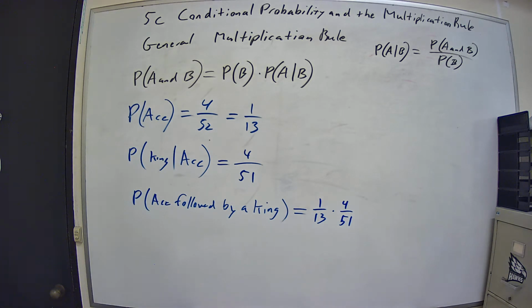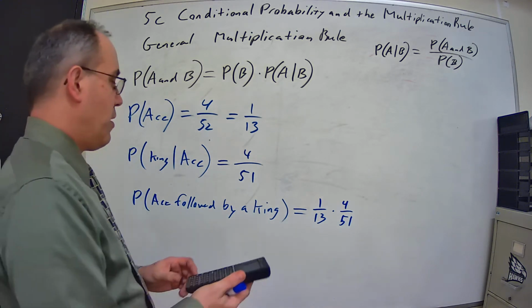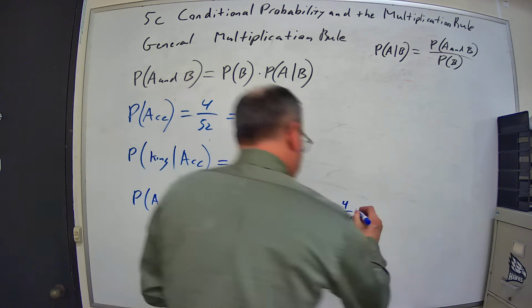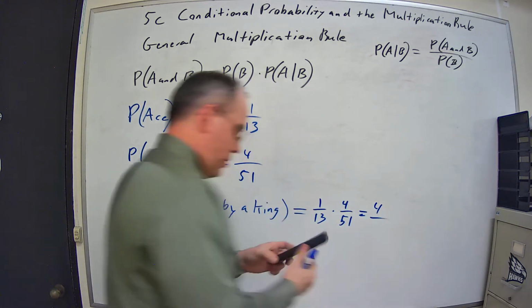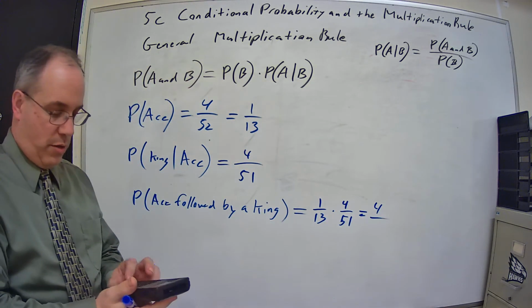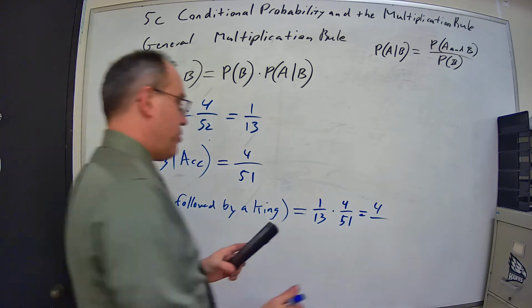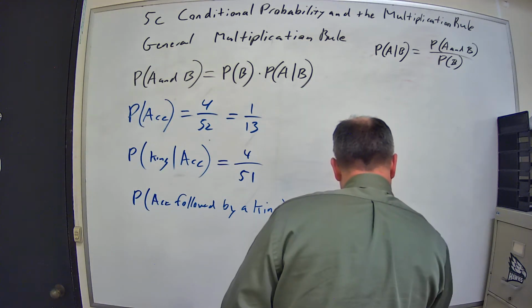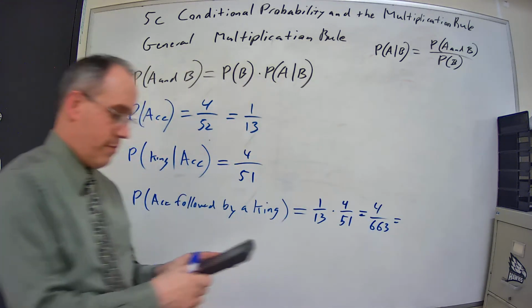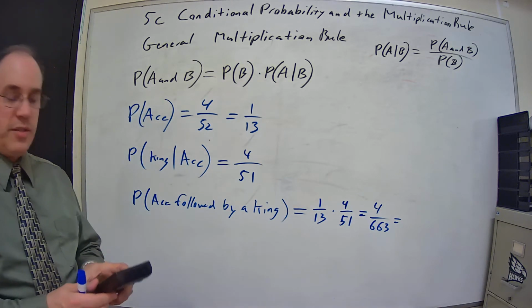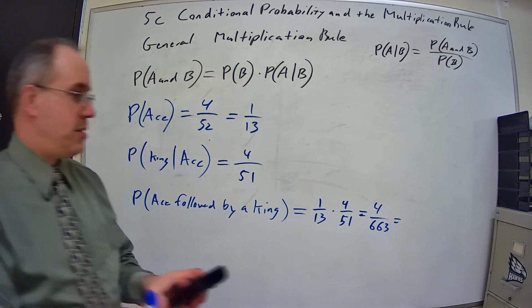which is equal to 4 over, what's 13 times 51? 663, or approximately 0.006.